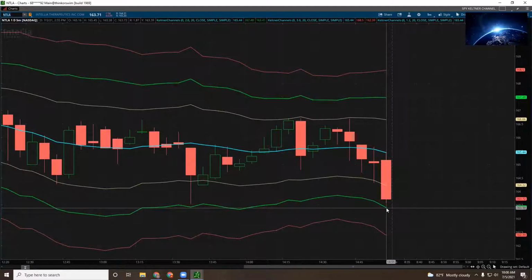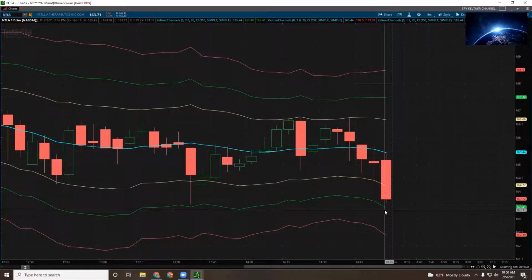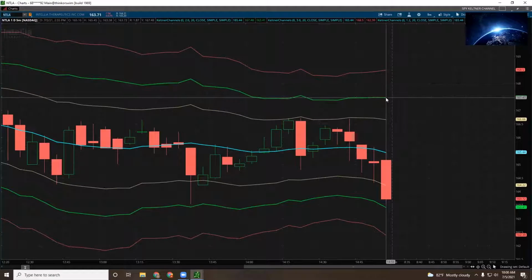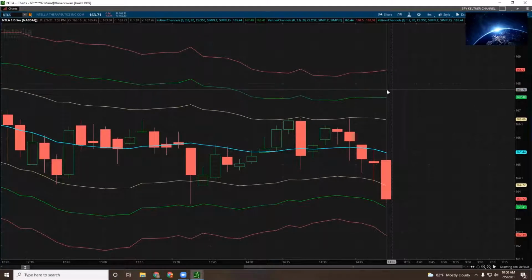That is the keyword, will not fall below 163.41. For a debit spread, we are saying that NTLA will keep going and go beyond. The credit spread says will not fall. Debit spread says will go beyond.